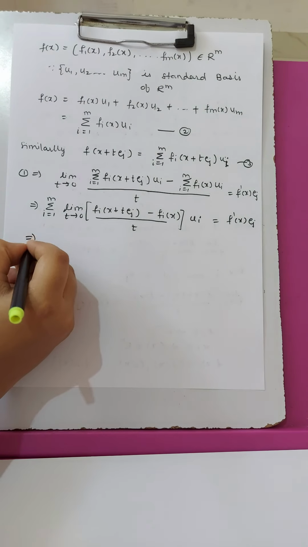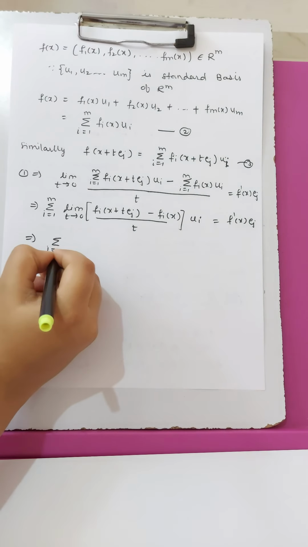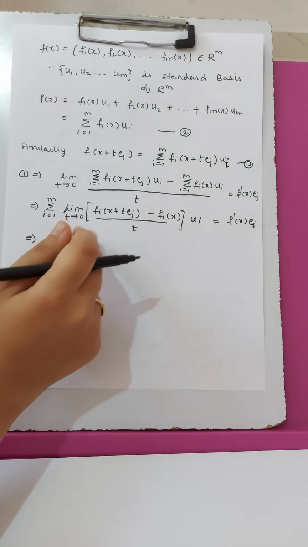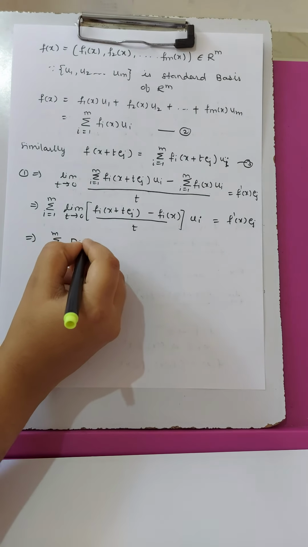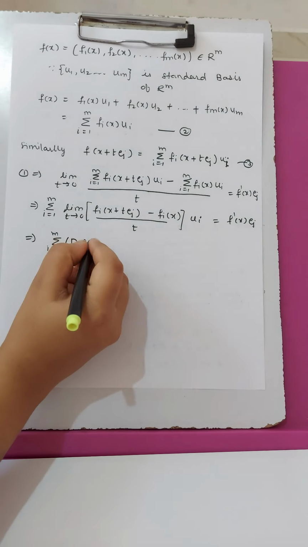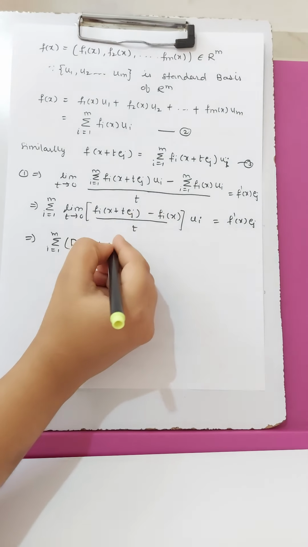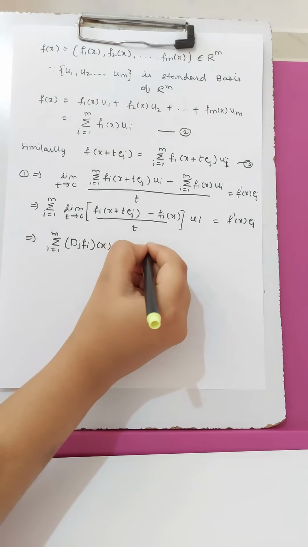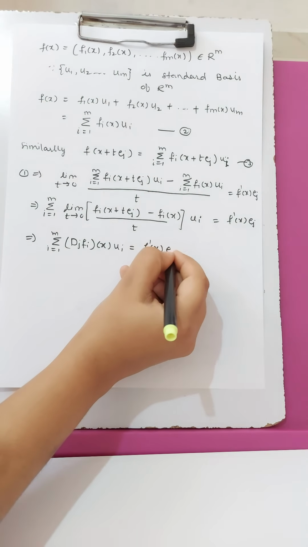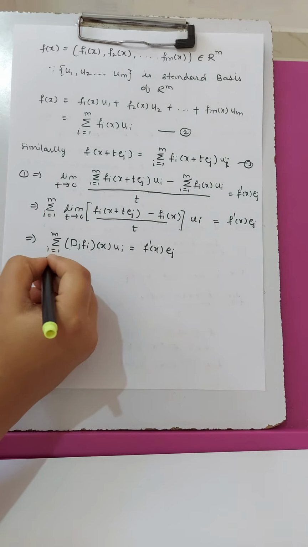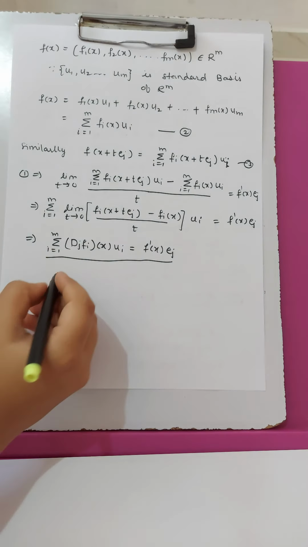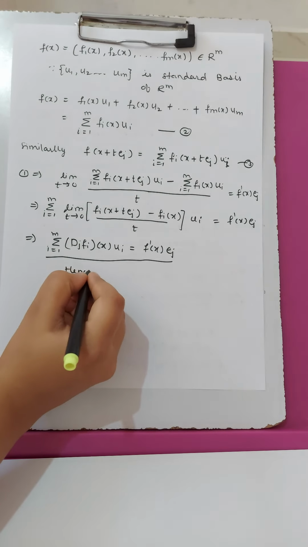So this implies summation i from 1 to m, and this is the definition of partial derivative, D_j f_i(x) u_i, which is equal to f'(x) e_j by definition of partial derivative, and hence we got the required expression. Hence proved.